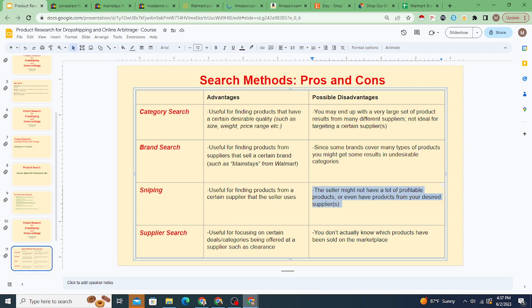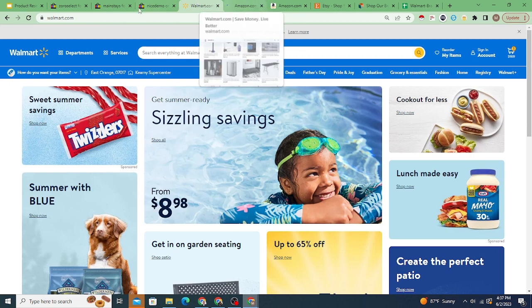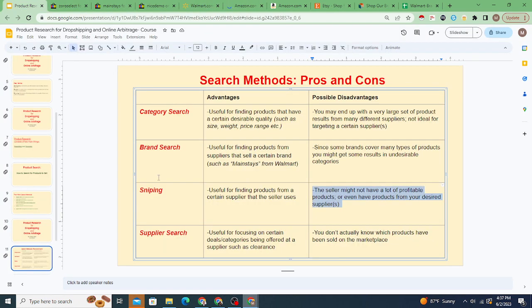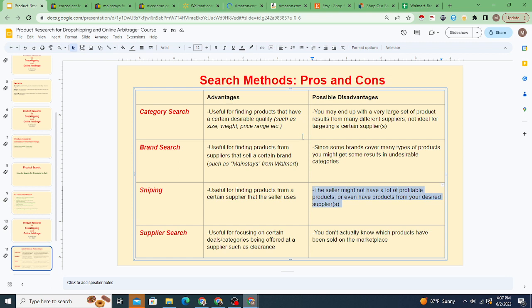Of course we can look at their feedback and other things too, but it's not really one of my favorite methods of doing a product search. It is a method that can get you in touch with some different products, potentially even from some different suppliers. As long as you're searching and looking at products, then you can potentially find what you're looking for. And that is pretty much it.